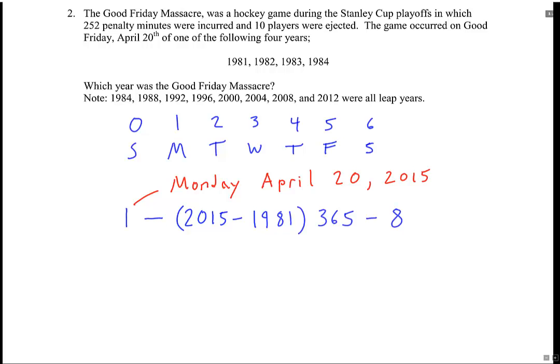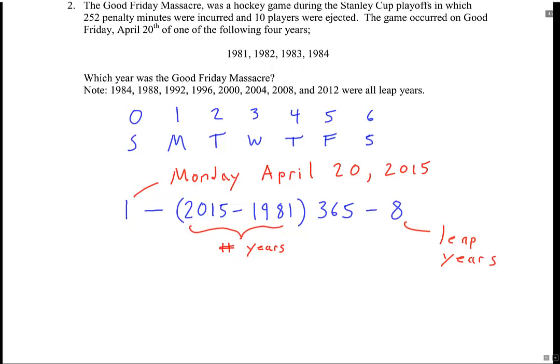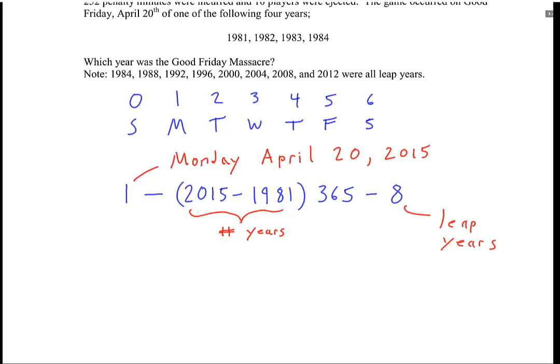So just for clarity, we have the number of years right there, and the 8 is representing the leap years. We need to reduce this number in mod 7 to figure out what day of the week 1981 had its April 20th on.